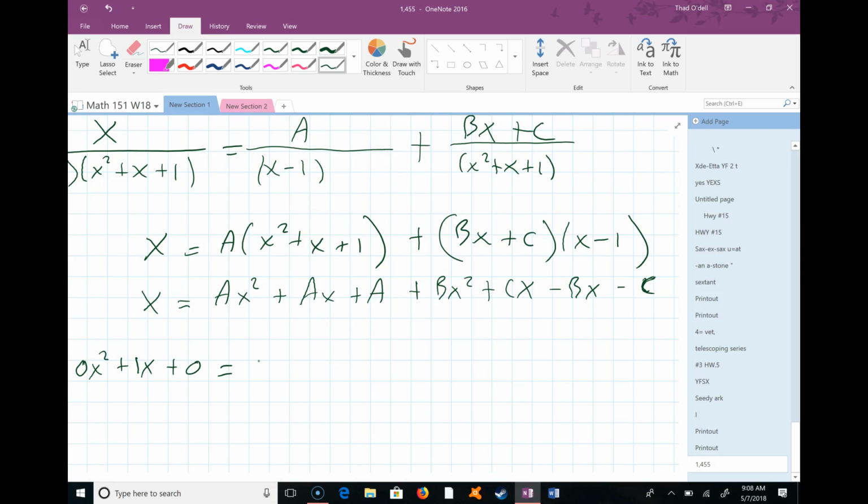So then over here, I'm going to have an ax squared plus bx squared. I'm putting all my x squareds together. And I have a plus ax plus cx minus bx. Yeah? And then finally I have a plus a minus c.